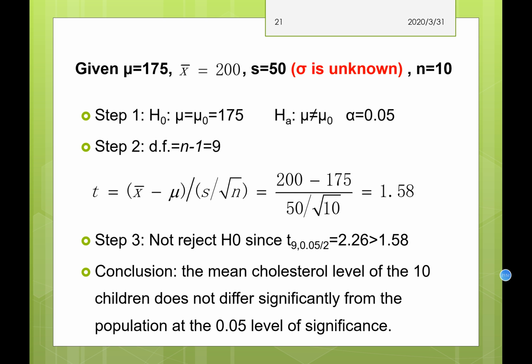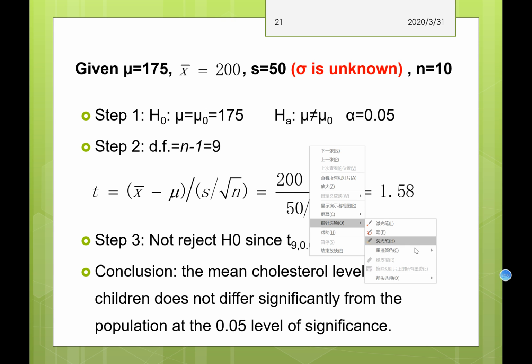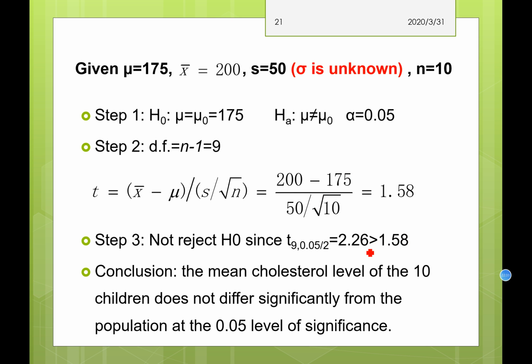So that is one method for you to identify if the corresponding probability, the P, is bigger or less than alpha. But there is another way to find the conclusion, to find the answer. That is what they used in our textbook. So how can we know if P is bigger than or less than alpha?